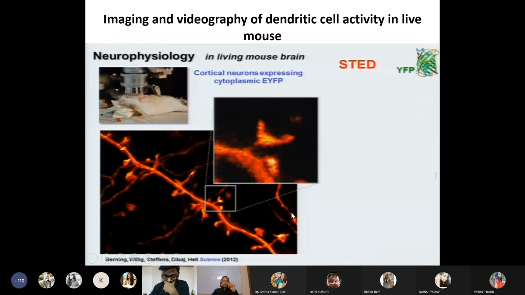I cannot show you the video here, but I would love to, so you could see the neurons in real time, their movement and how they behave under the microscope. It was not possible before the advent of super resolution microscopy.